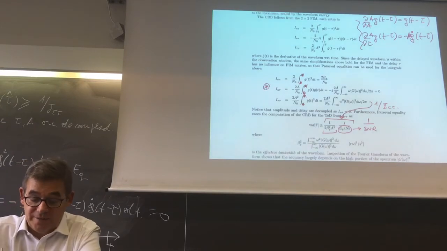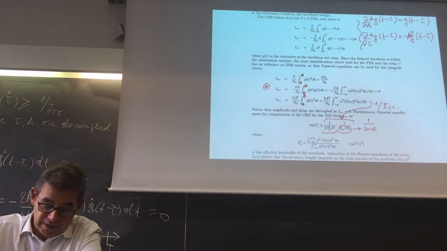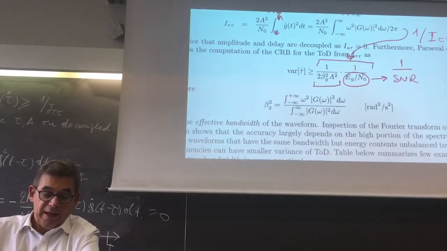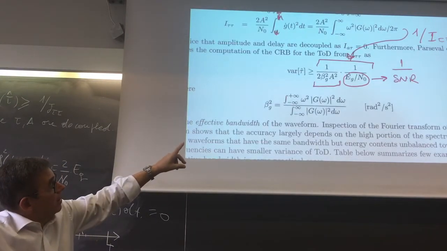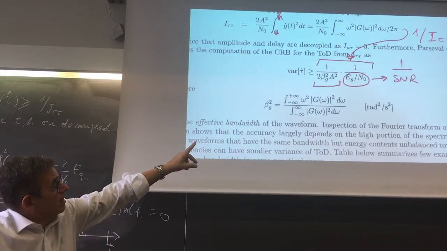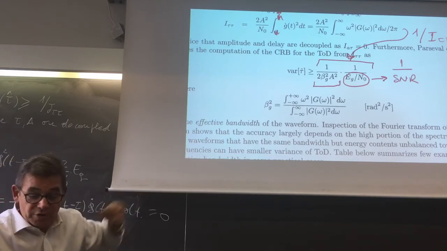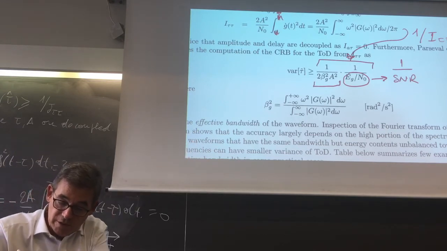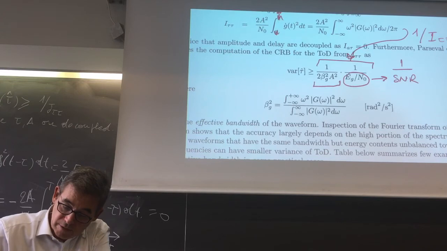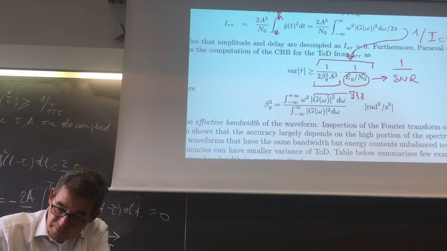Now, this effective bandwidth is the integral of omega squared times the absolute value of G omega squared. G omega is the Fourier transform of g of t.